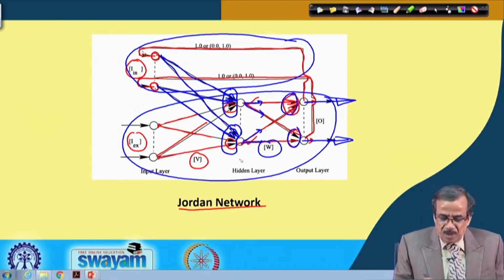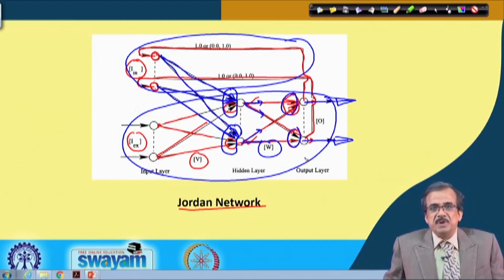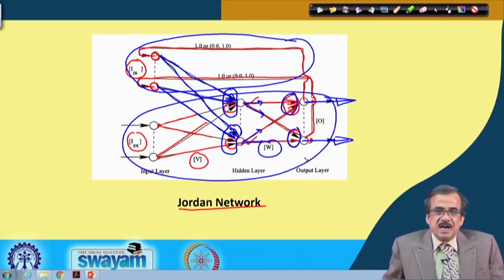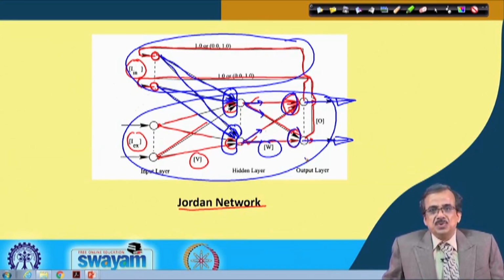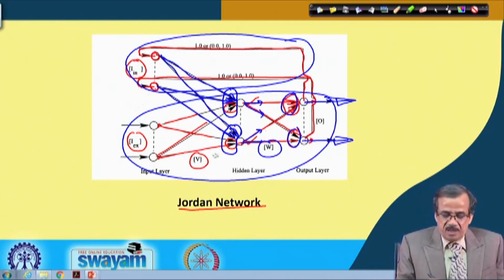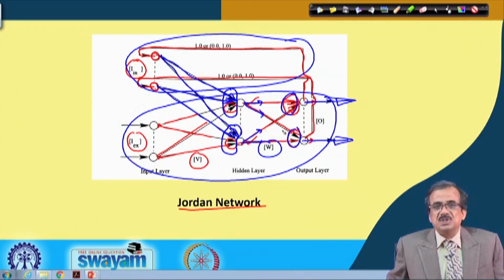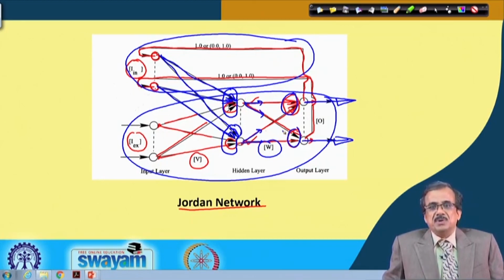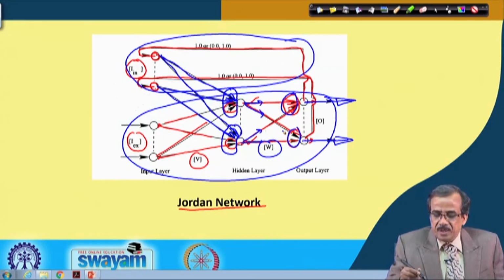Now, for the purpose of calculating the outputs, feedback and all such things, exactly the same procedure which we have discussed for the multi-layered feed forward network, like how to find out the inputs for a particular layer, how to find out the output and all such things, exactly the same principle we can follow.